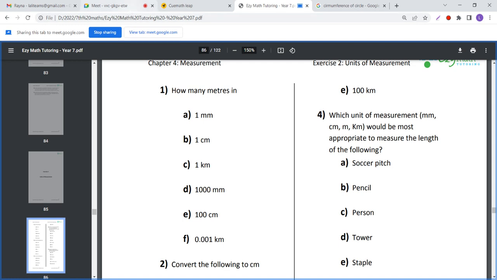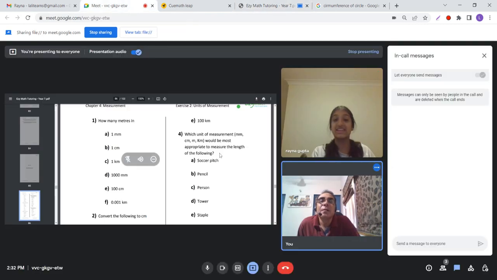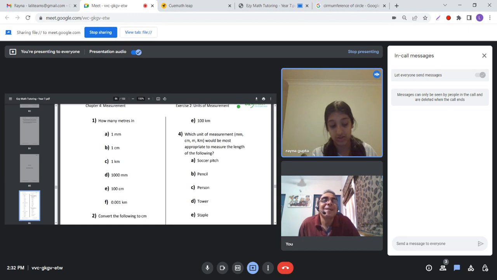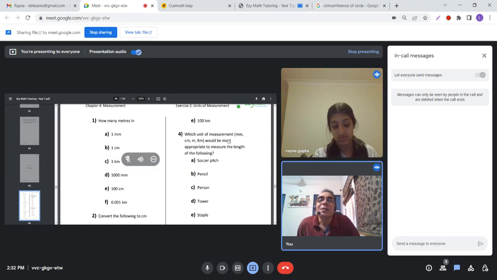How many meters in 1 millimeter? 1,000? How many meters in 1 millimeter? 10,000? No. How do you convert? How many millimeters make 1 meter? 10,000? No.